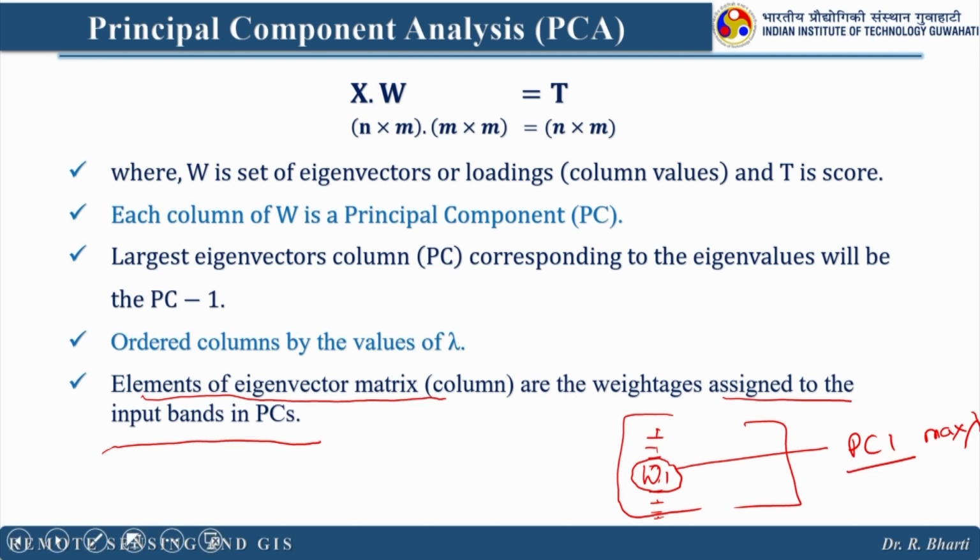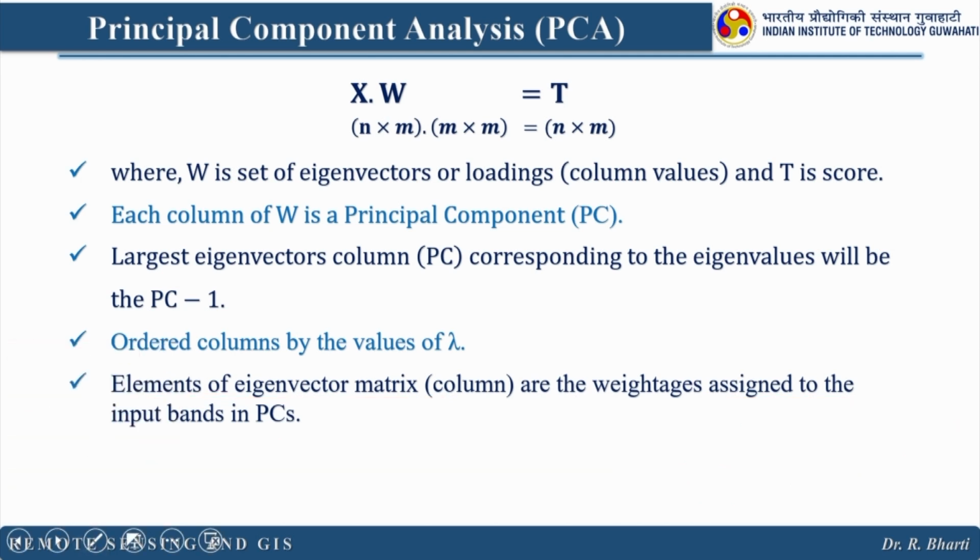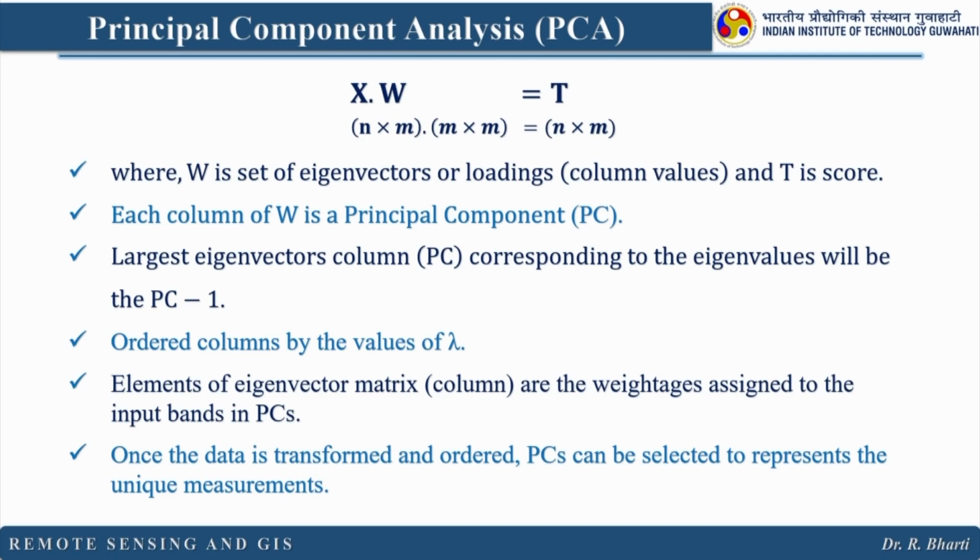So this is what we want to understand. Now once you have that, you can easily find out the weightage of band 1, band 2, band 3, band 4 in my first principal component, and because of that we are getting this enhanced feature, or the unique information, in different principal components. Once the data is transformed and ordered, PCs can be selected to represent the unique measurement, right? That we will see in the example.